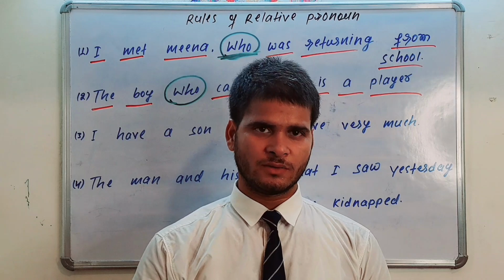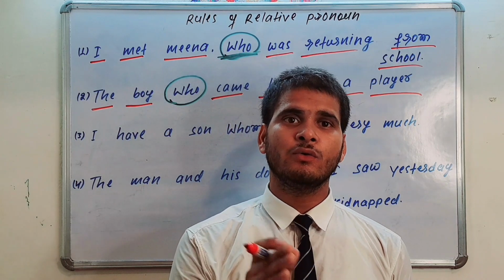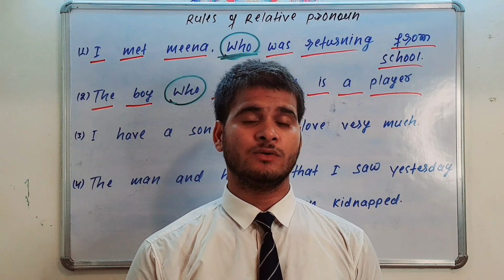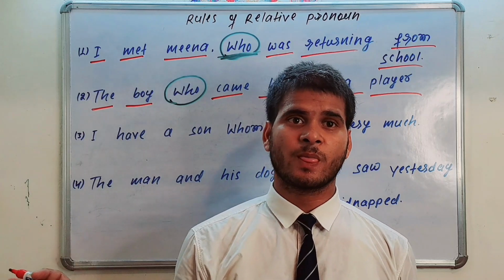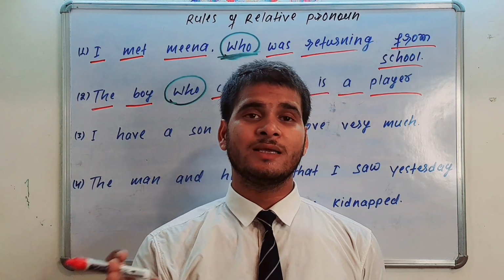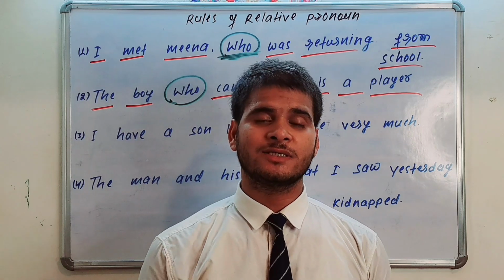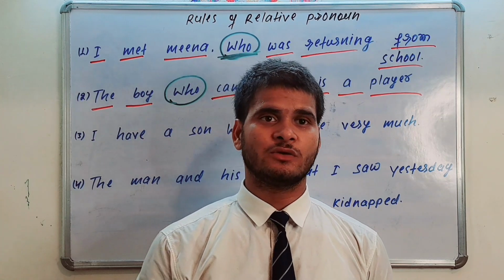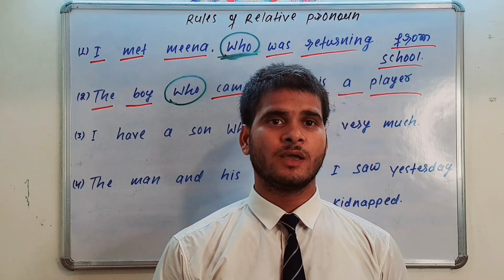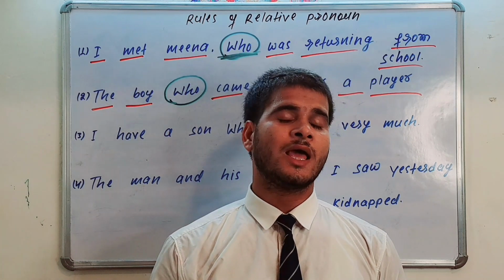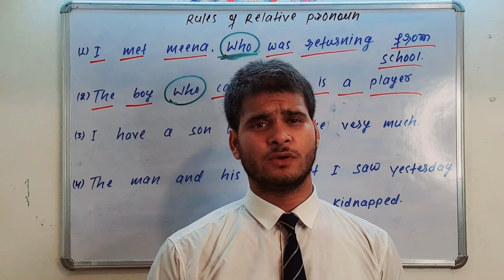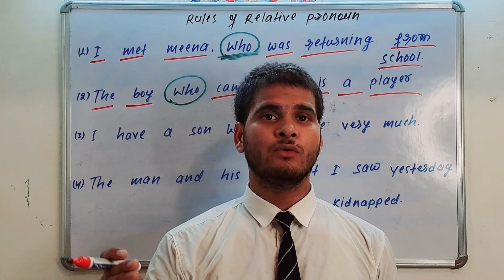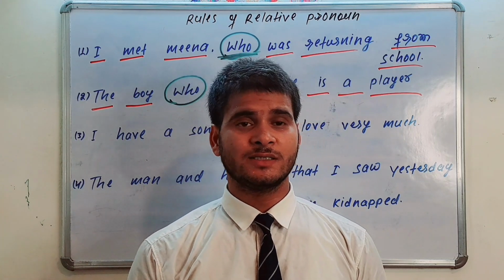Listen again: the relative pronoun who, which, that is used as a subject in a subordinate clause. Remember, I'm talking about the subordinate clause, not the coordinate clause. And you know well that a subordinate clause is also known as a dependent clause. It depends upon the coordinate clause, and the coordinate clause is the independent clause, you know that. So that is the first rule.